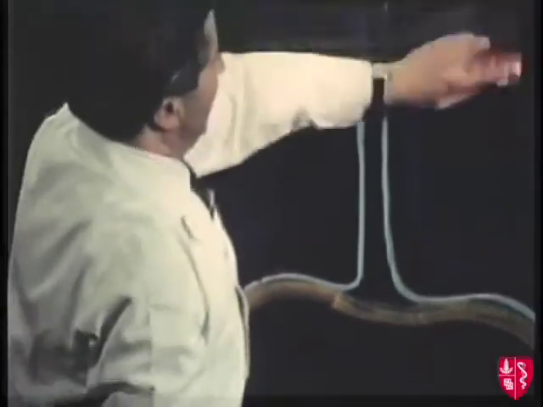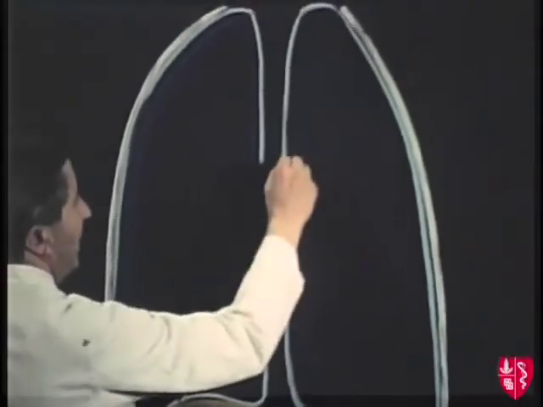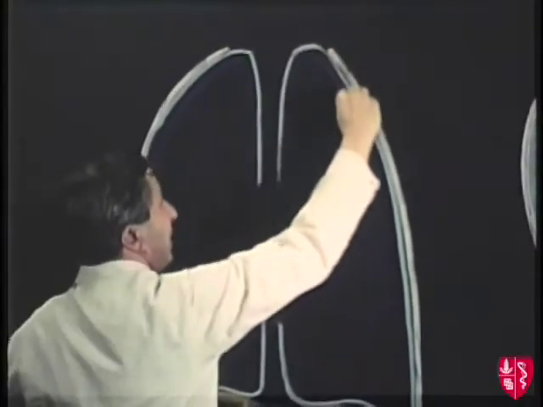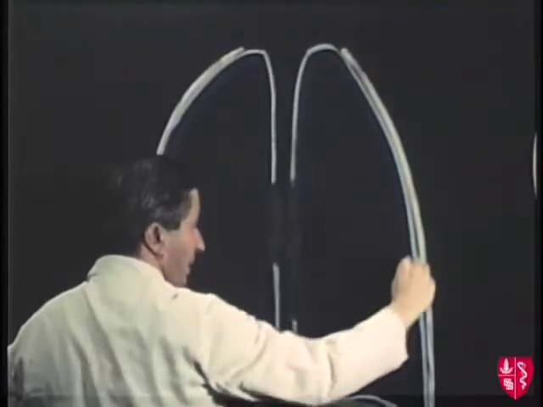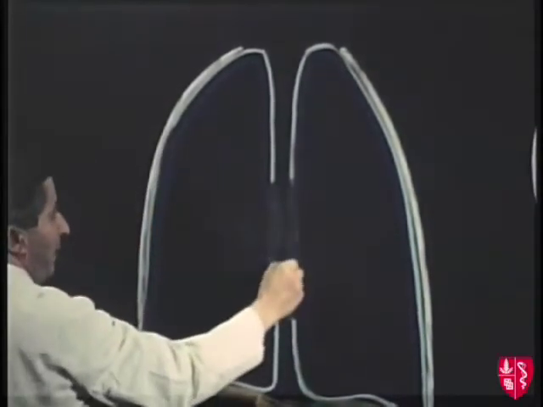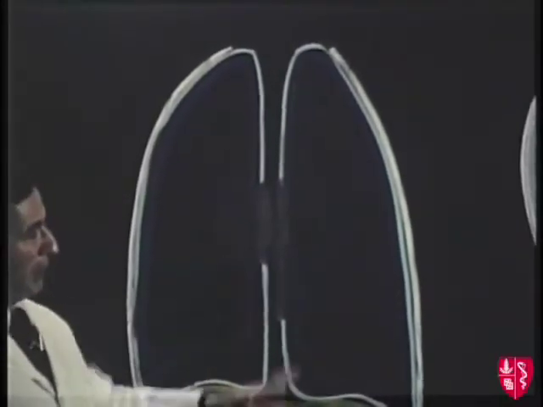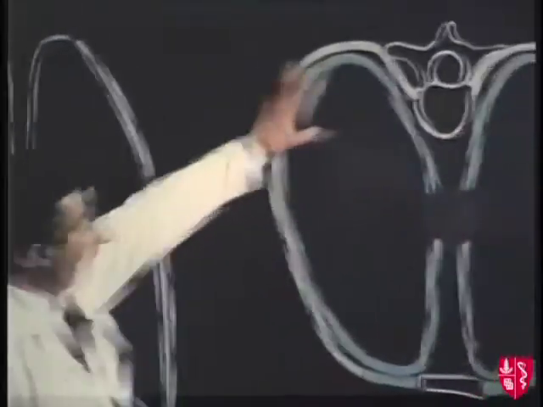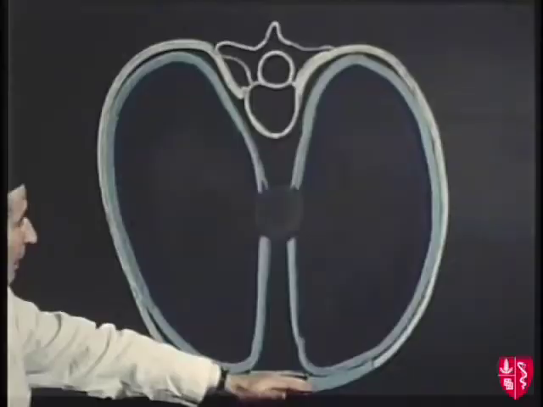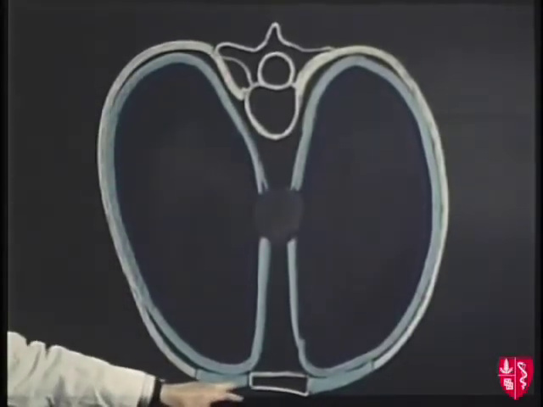And again, as the lung develops on this side, we can repeat the drawing. The visceral layer coming almost in contact with the parietal layer, all the way down, and then coming up in that way. So you see, initially, we started off with a thoracic cavity, bounded behind by the vertebral column, bounded in front by the sternum, and bounded at the sides by the ribs and costal cartilages.